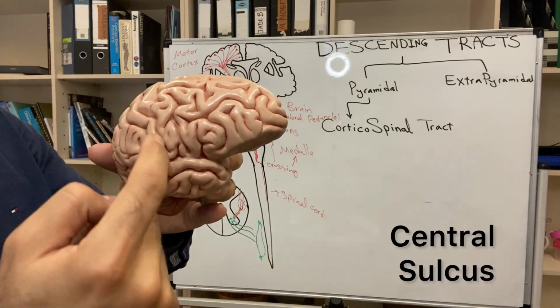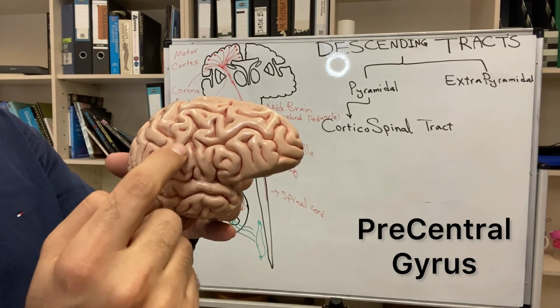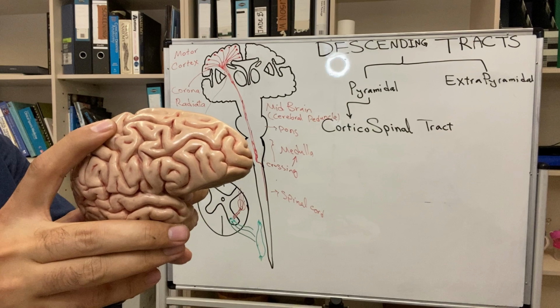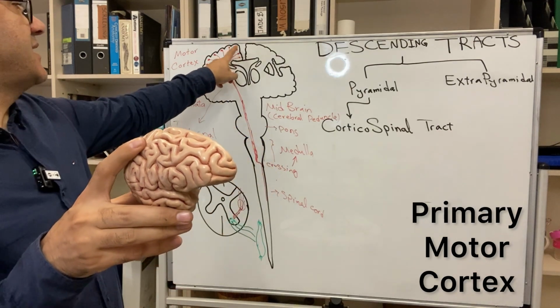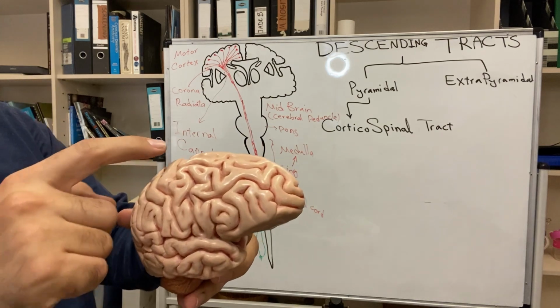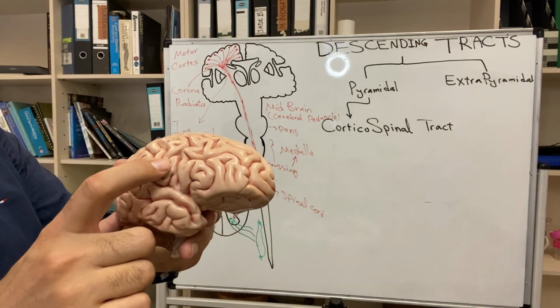Just anterior to the central sulcus, you can find the precentral gyrus. So the precentral gyrus is the primary motor cortex. So the cell body of the upper motor neuron is coming from the precentral gyrus or primary motor cortex.